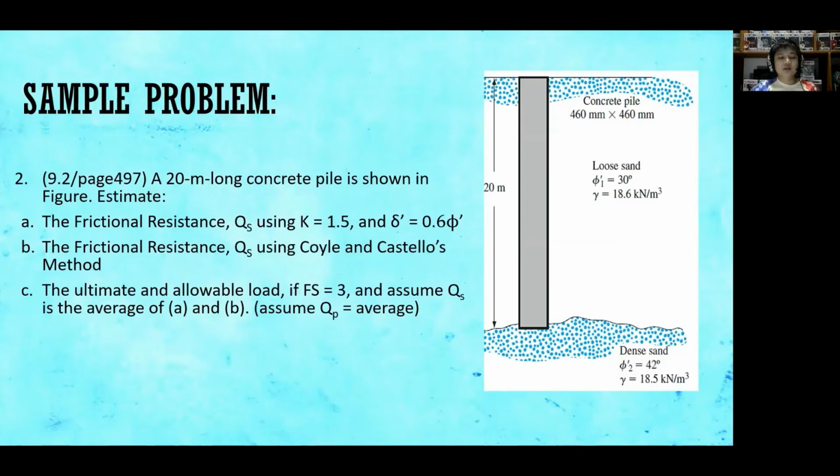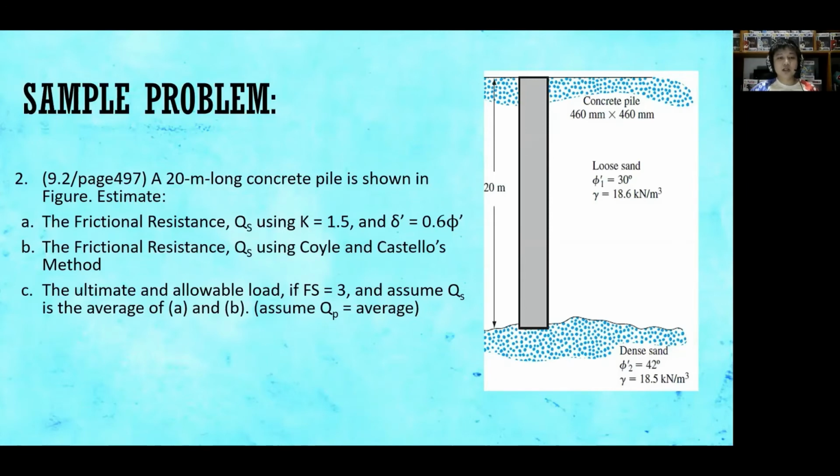For letter B, the frictional resistance Q sub S using Coyle and Castello's method. And for letter C, the ultimate and allowable load if the factor of safety is 3, and assume Q sub S is the average of requirements A and B. Assume that Q sub P is the average from our previous example.